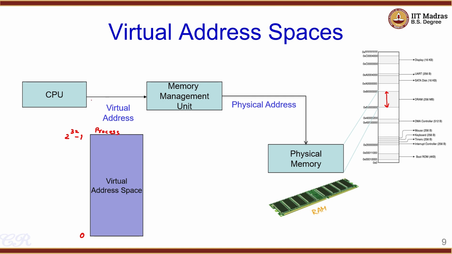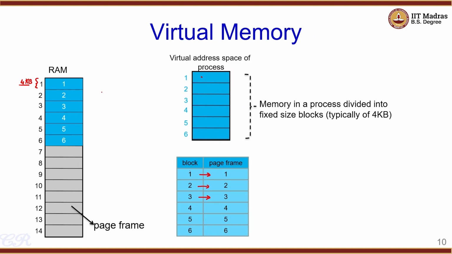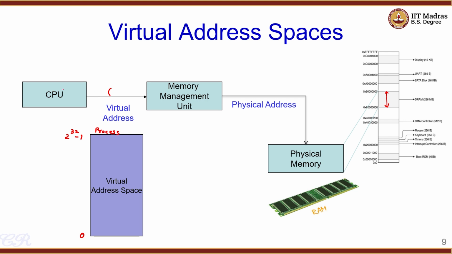For instance, if my CPU puts out a virtual address which happens to be in block number 3, then my memory management unit would look into the process page table and identify that block number 3 for this particular process is mapped to page frame 13.